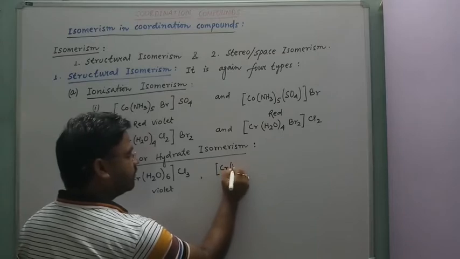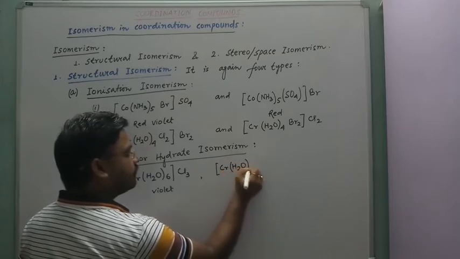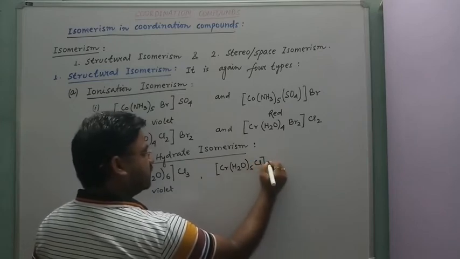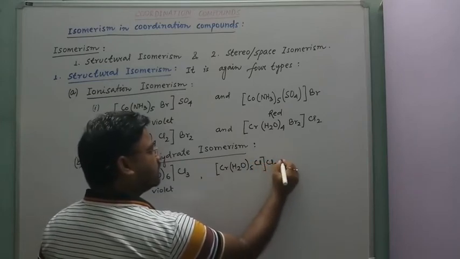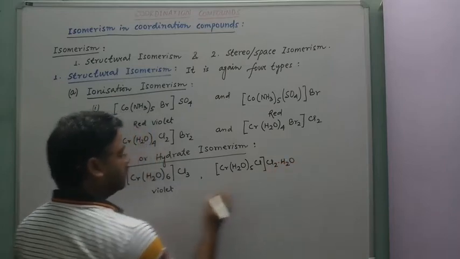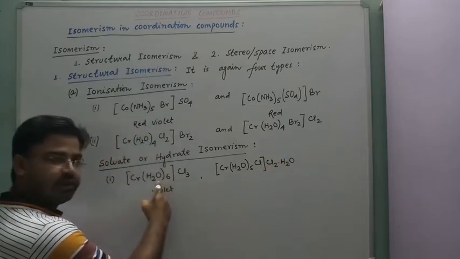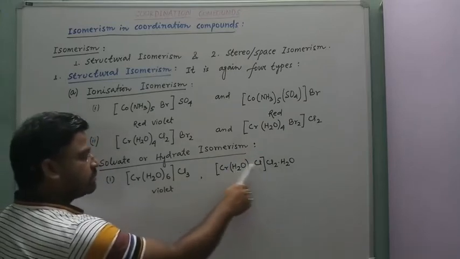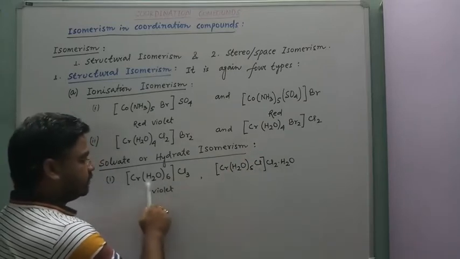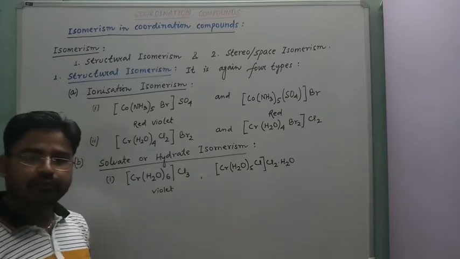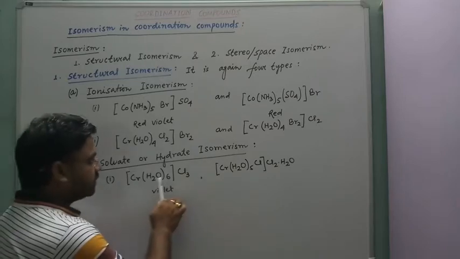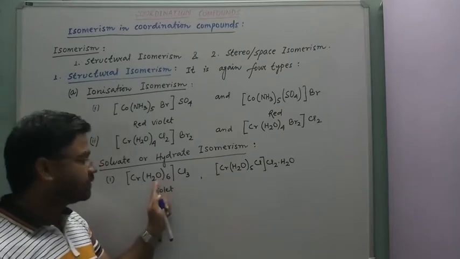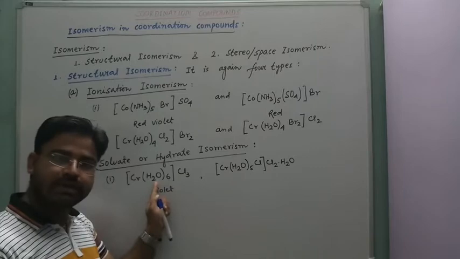[Cr(H2O)5Cl]Cl2·H2O. So one chlorine enters here and one H2O comes outside. The coordination number is 6. Both compounds have the same formula, but the number of solvent molecules present as ligand is different. Here 6 water molecules are present as ligand.